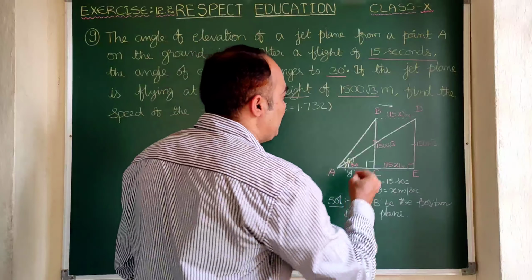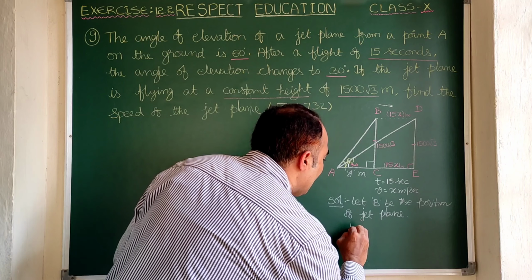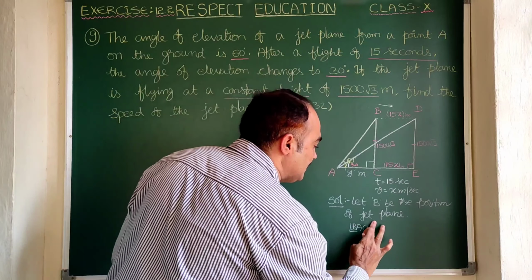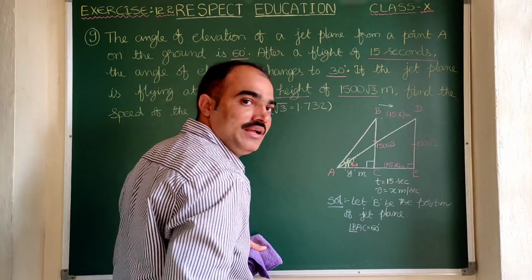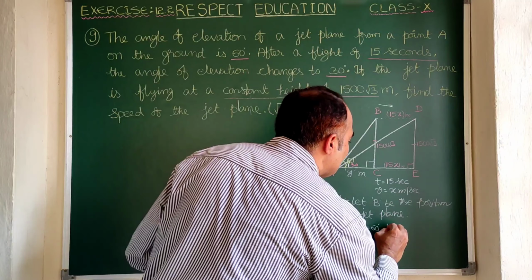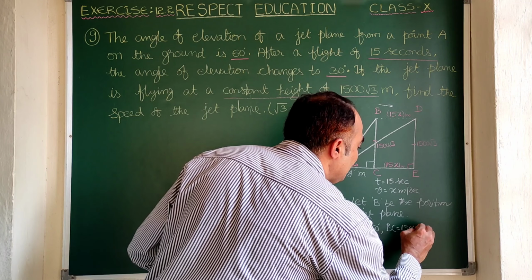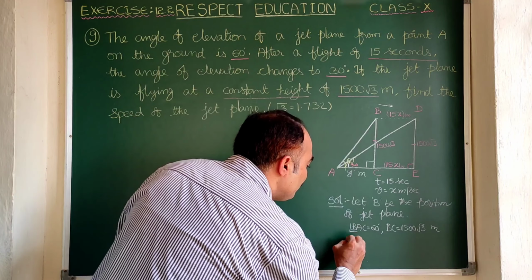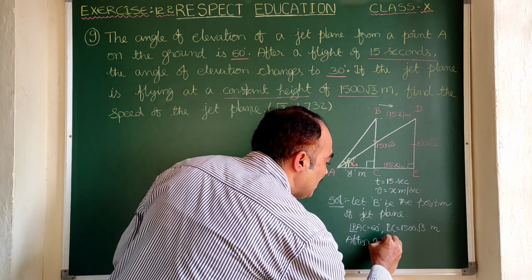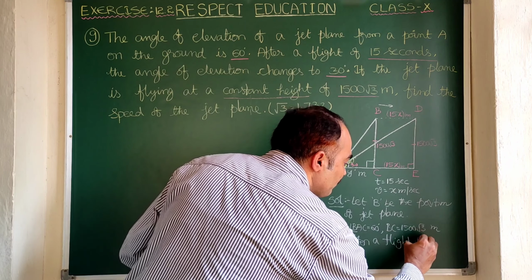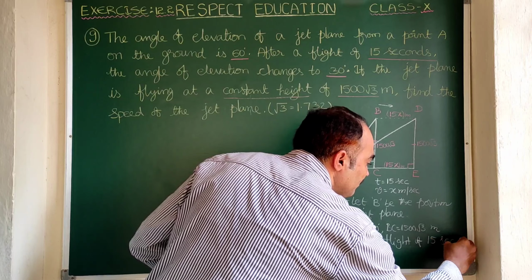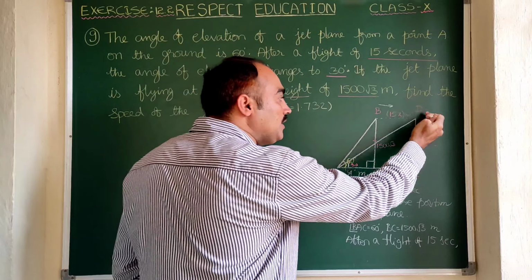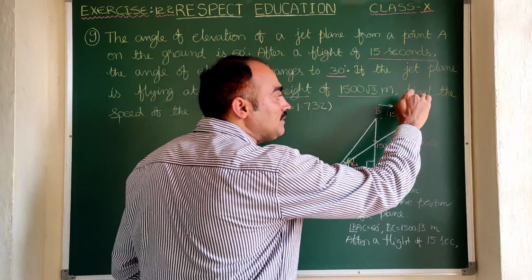As we know, it is given that angle BAC is equal to 60 degrees, and it maintains the constant height, that is BC is equal to 1500 root 3 meters. After a flight of 15 seconds, the position of the jet plane is changed to D from B. Now the jet plane is at D.